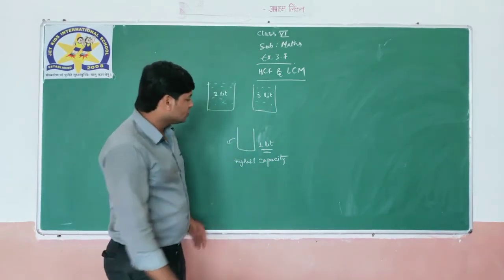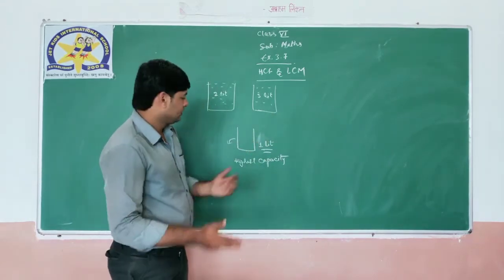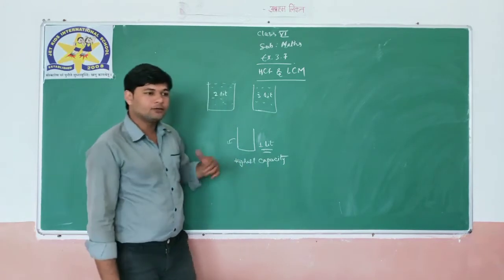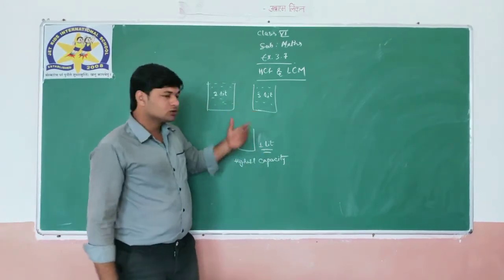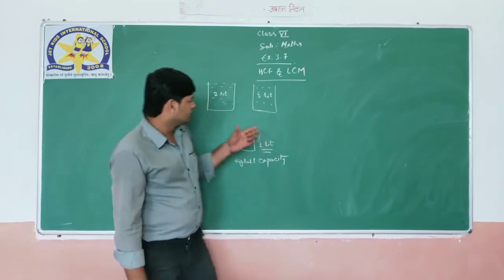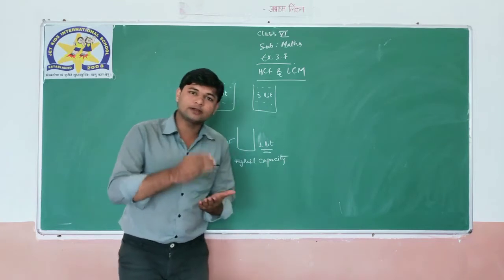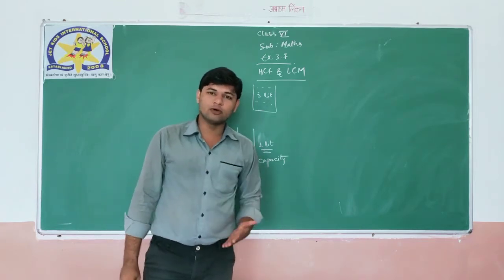So see, if you want to measure something, the measure should be smaller. What will be smaller, a factor or a multiple?